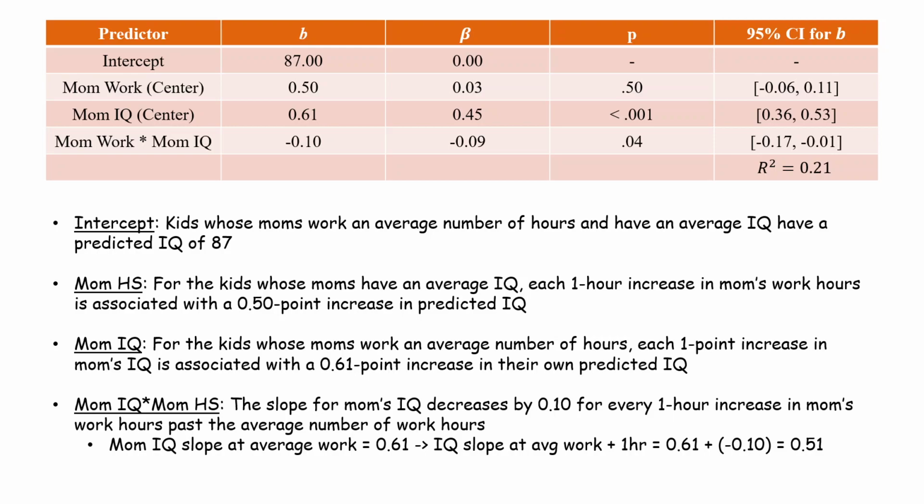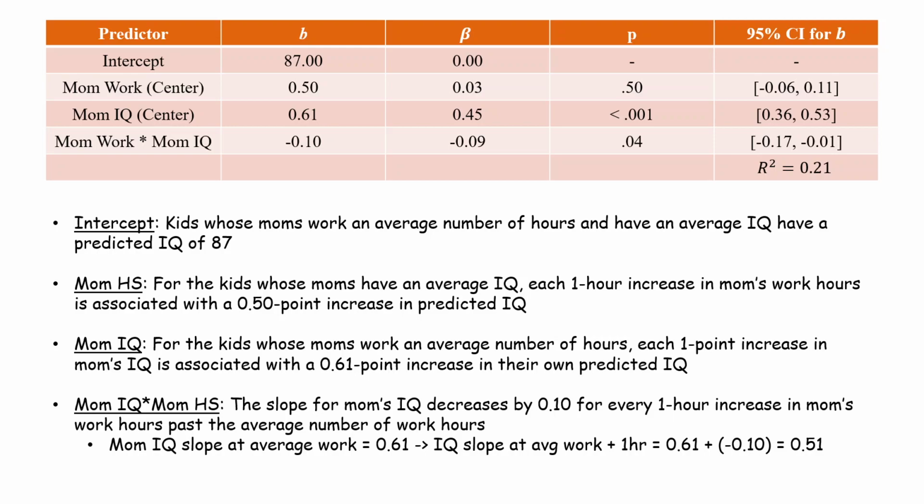And the important thing to know too about interactions is the opposite holds true as well. We could easily flip this and say instead that the slope for mom's work hours decreases by 0.1 for every 1 point increase in mom's IQ, right? So your interaction can be interpreted in terms of whatever you think is most meaningful.